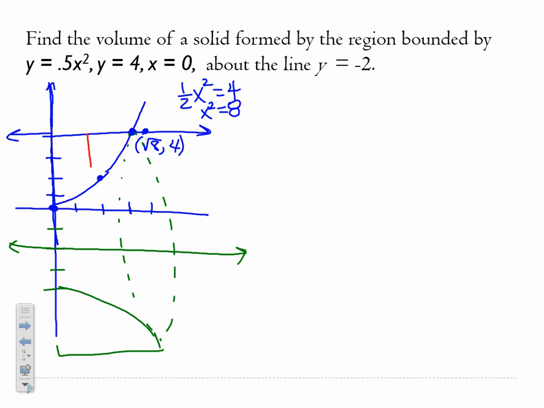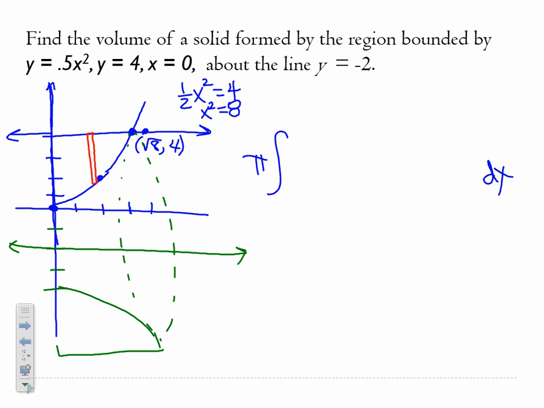If I draw my rectangle in and rotate it around, we have big donuts with a big hole in the middle. Now we need to talk about how to actually find the volume. We know pi r squared h. The height of all of these washers is dx.